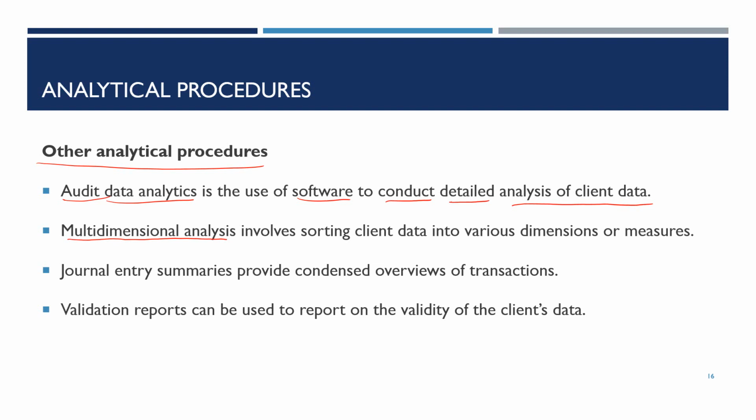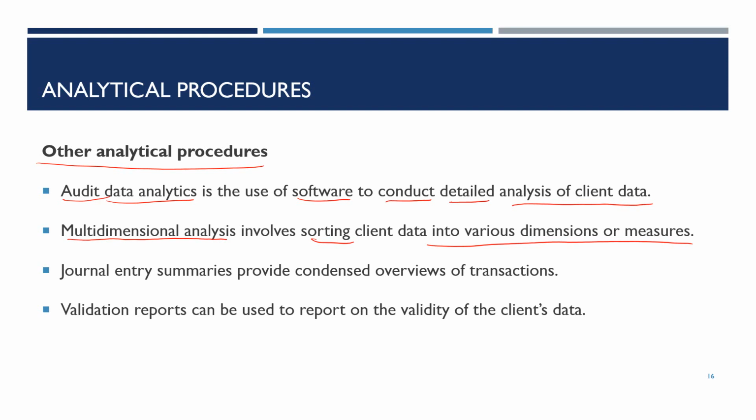Multi-dimensional analysis involves sorting client data into various dimensions. For example, client data can be sorted across dimensions such as location, cost center, or manager. It can then be measured as inventories purchased, inventories sold, inventories on hand, sales, or rent expense across those dimensions.